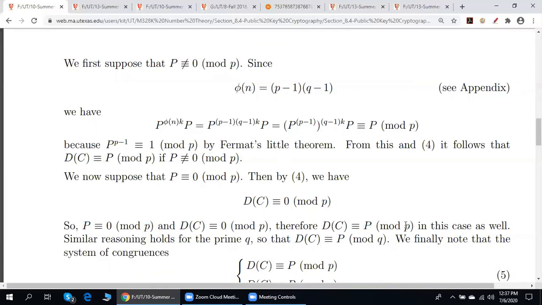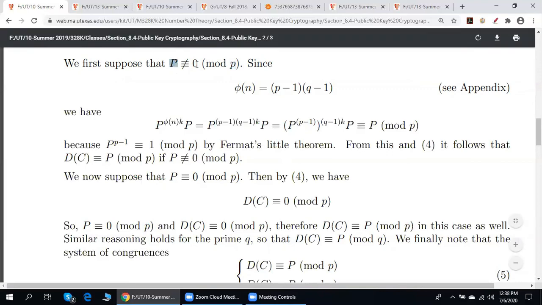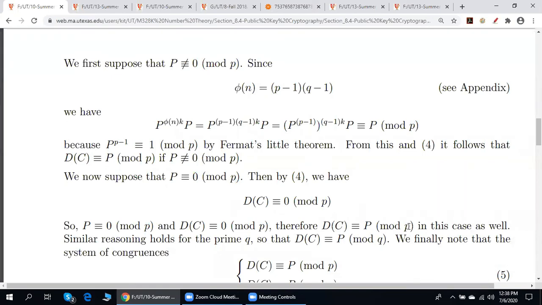Conclusion. It does not matter whether this is not divisible by p or this is divisible by p. D of c is congruent to p modulo p. But once again, this is not what we need. What we need is to prove that d of c is congruent to p modulo n, not p.